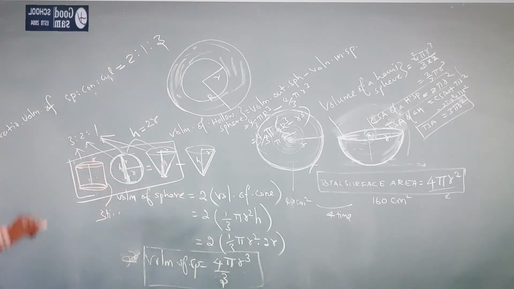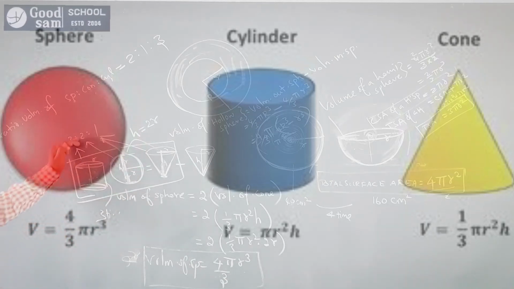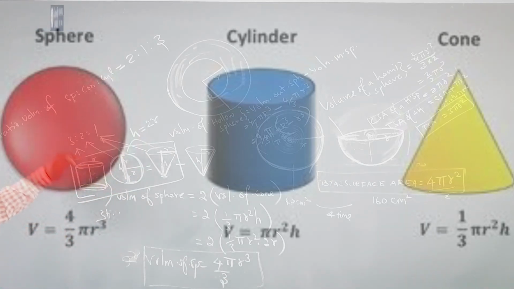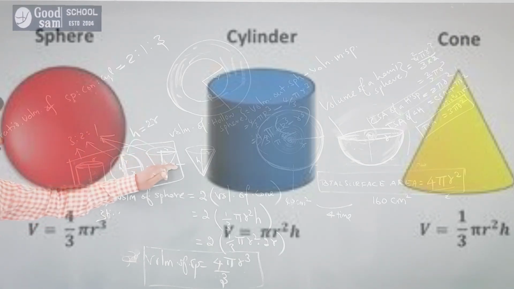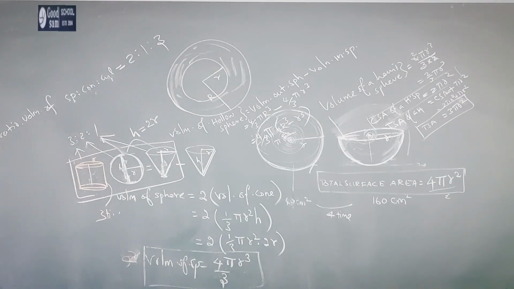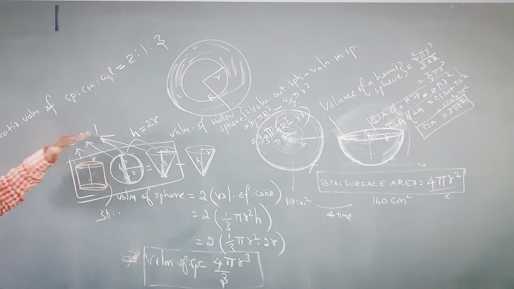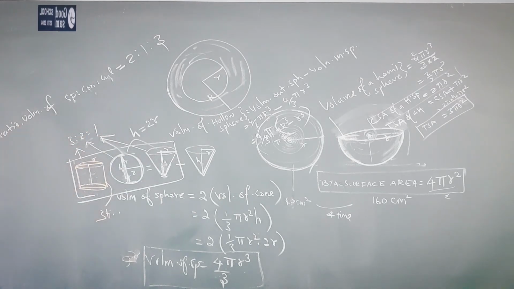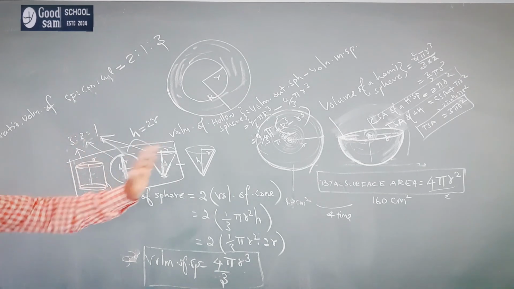So 2:1:3. According to the shape we have to arrange. Sphere is 2 times the cone, cylinder is 3 times the cone, and the cone itself is 1 time. This is a very important thing. It may definitely come in a 1 mark question. So using this ratio we are connecting the formulas.